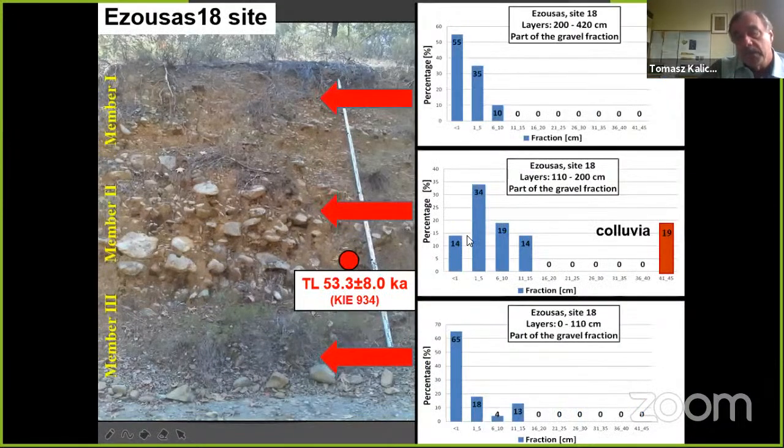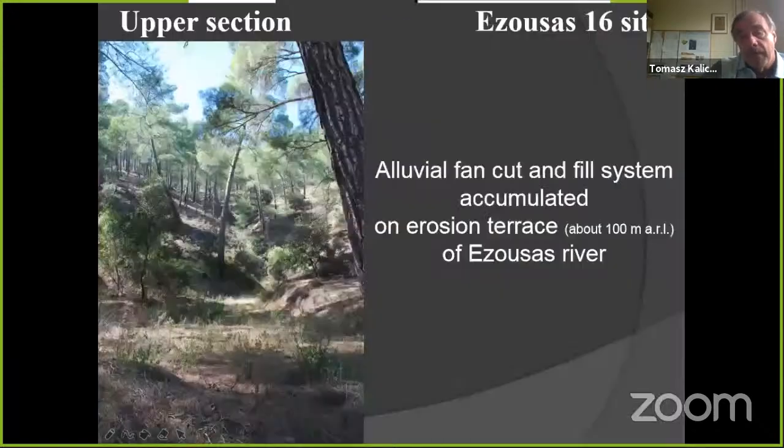If you look at the profile, we also have differences in the alluvial sides, but the biggest blocks are colluvium. And what we observe in the morphology, in many places at the mouths of tributaries, is an alluvial fan cut and fill system accumulated on the different terraces of this Azosas river.